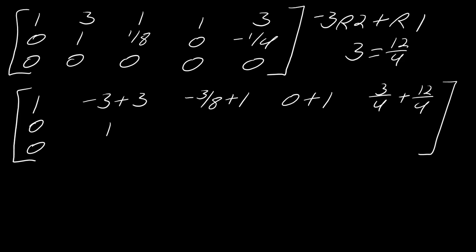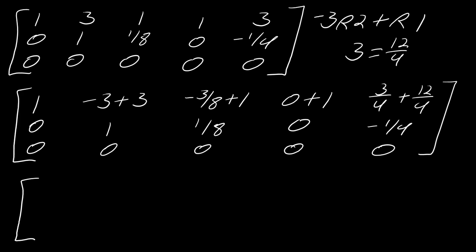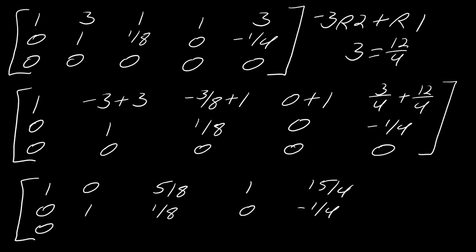And then the rest of this just stays the same. So in the end, I am going to have 1, 0, 5/8, 1, 15 over 4, 0, 1, 1/8, 0, negative 1 over 4, and then my row of zeros.